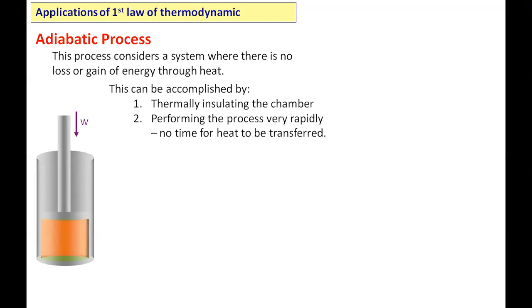And this can be accomplished by thermally insulating the chamber. إذا بنعمل insulating the chamber and perform the process very rapidly. إذا بنعمل العملية بشكل سريع. So no time for heat to be transferred. إذا ما في وقت، إذا هي rapidly تكون العملية سريعة بحيث إنه ما في وقت حتى تنتقل الحرارة.